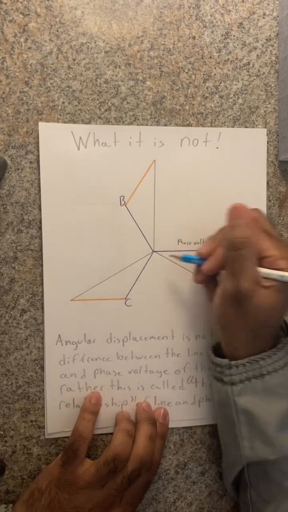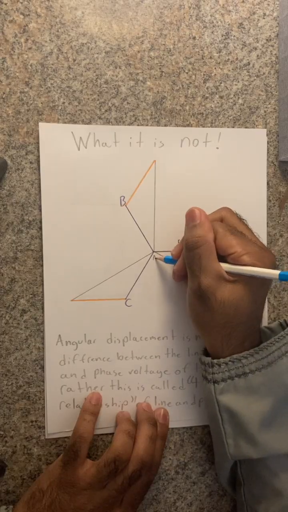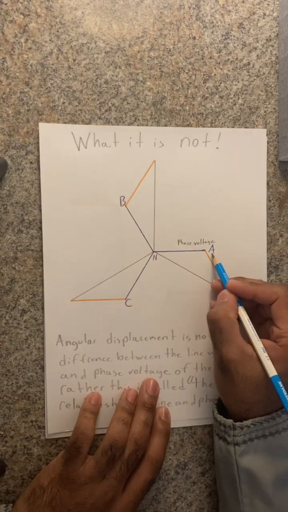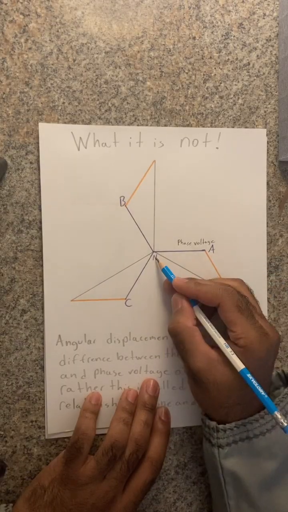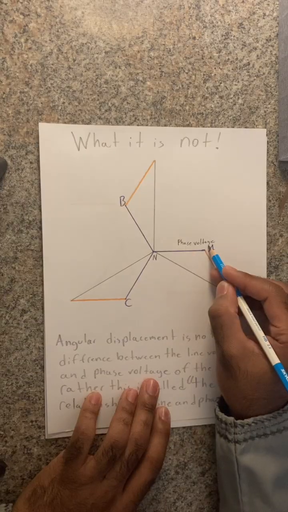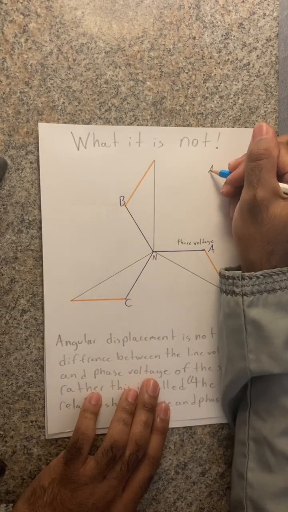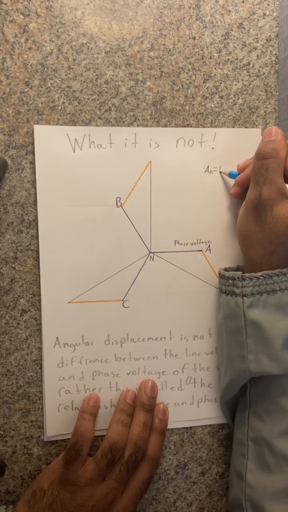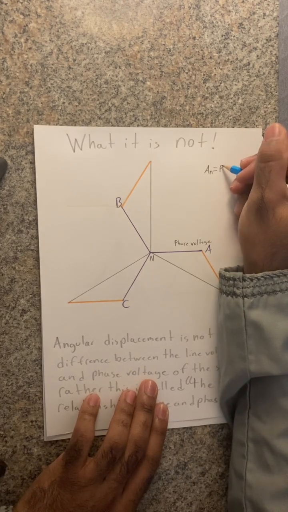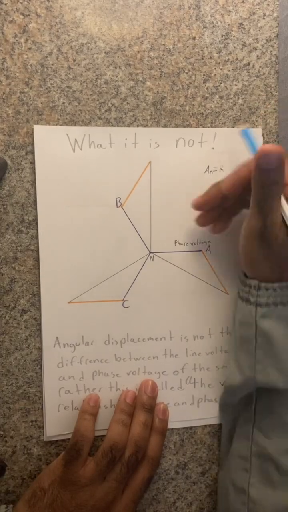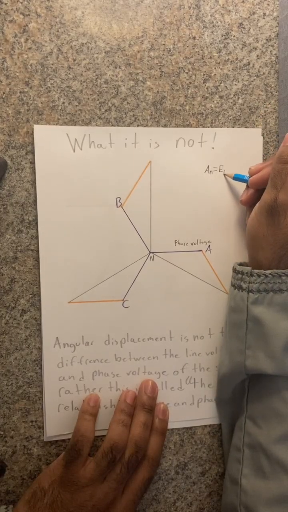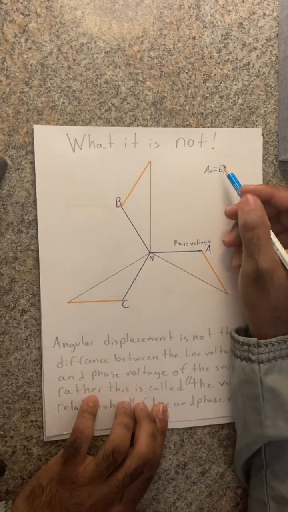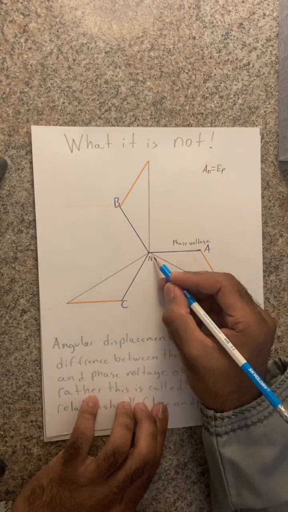That is the voltage from, we will consider this point to be N, the voltage from N to A, or you can say A to N. The voltage from A to N is considered phase voltage. We use EP for E phase, or phase voltage, or electromotive force of the phase.